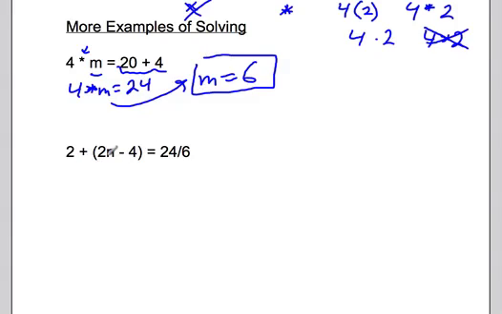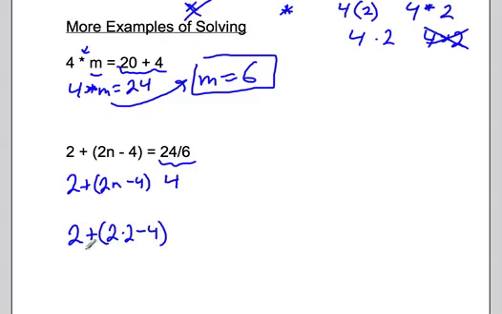Okay, the next example could be a bit tricky, but we can simplify it a bit. This over here, 24 divided by 6 equals 4. So I know all this equals 4. And then we could try some different numbers. For example, let's try if n is 2, then we have 2 plus 2 times 2 minus 4. That actually equals 2, so it's not going to be 2.